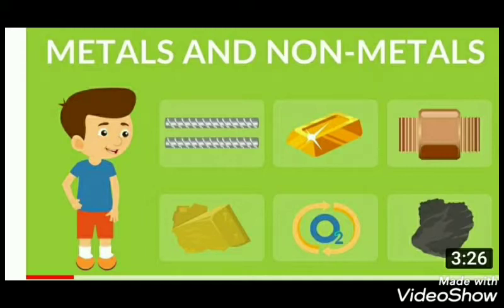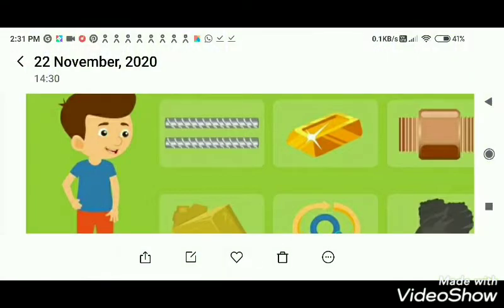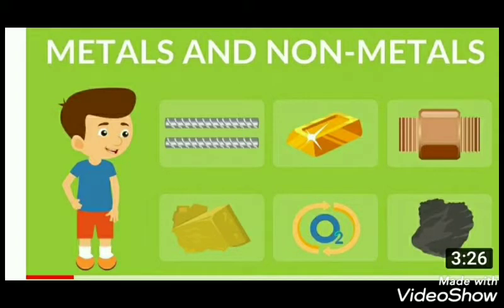Before holidays, we were discussing the lesson metals and non-metals. In that, some of the topics we covered already. Through some activities we studied the reactions of metals with a number of reagents like acids, water, oxygen, etc. Why do metals react like this?